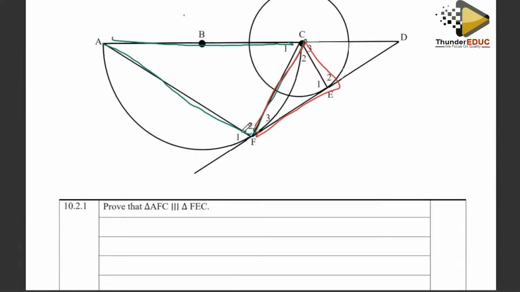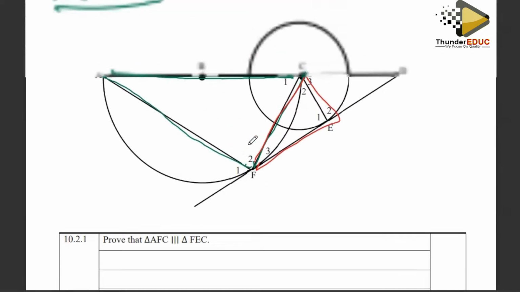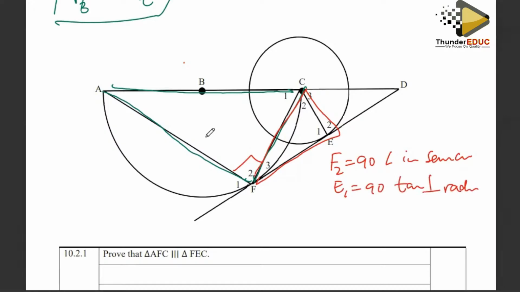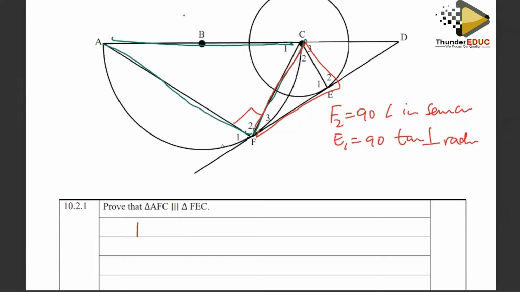So step number 1 that I'll do, I know that my F2 is a 90 angle in a semicircle. We know that E1 is also a 90, a tangent is perpendicular to the radius, meaning that F2 is the same as E1, which is 90.